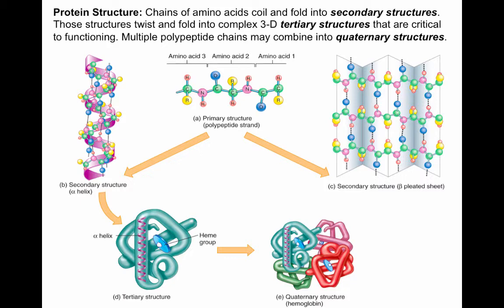Proteins with quaternary structure have more than one amino acid chain bonding to each other to make the final functional protein. In the case of hemoglobin here, there are 4 individual polypeptides, and those 4 polypeptides interact and bond with each other to form the finished functional hemoglobin that carries oxygen around in our blood.